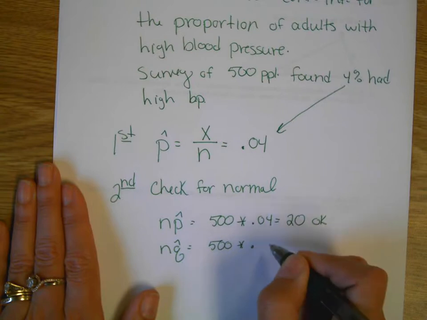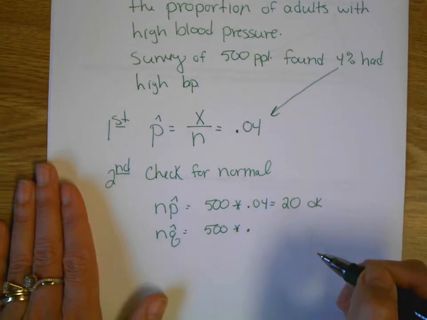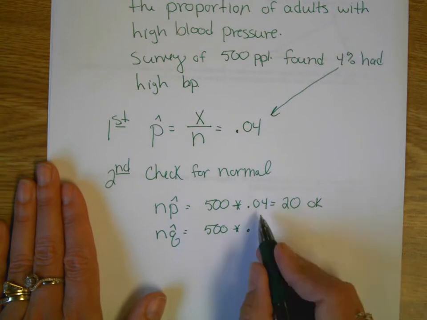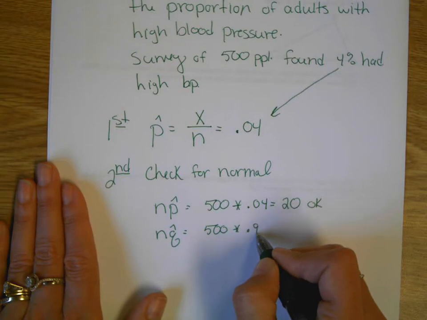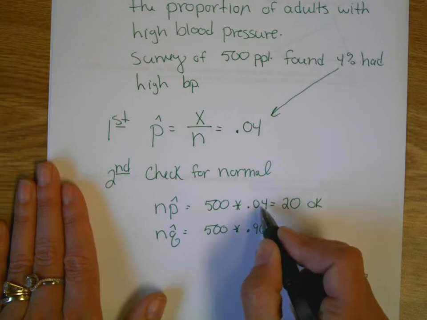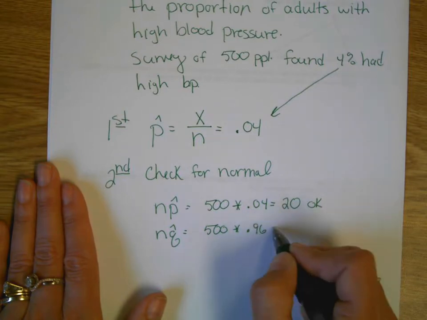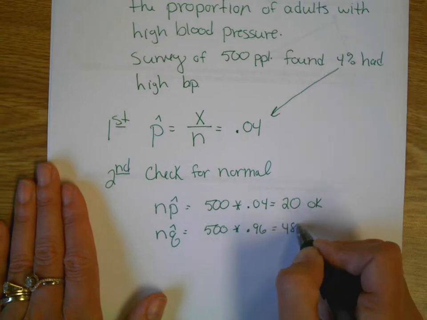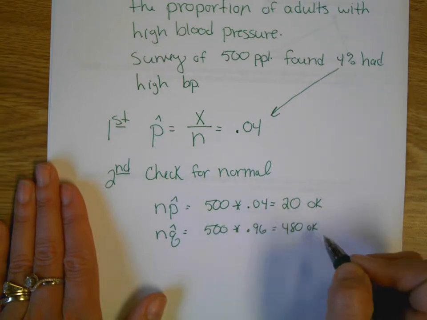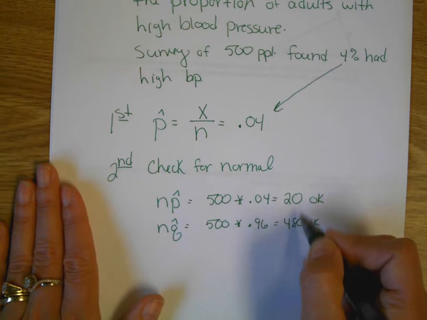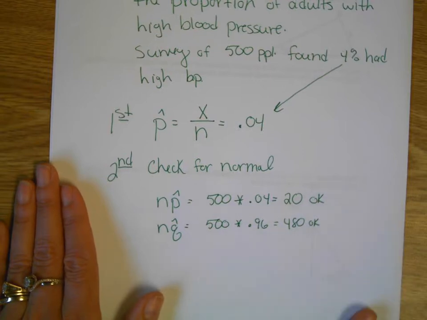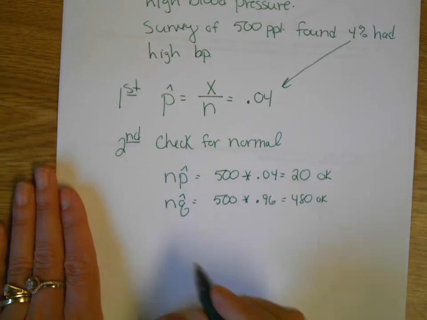What's the q hat value? 96%. The rest of the 100%, either 4% successes, 96% failures. Has there ever been a situation where it wasn't 5? Potentially, yes. That could happen.